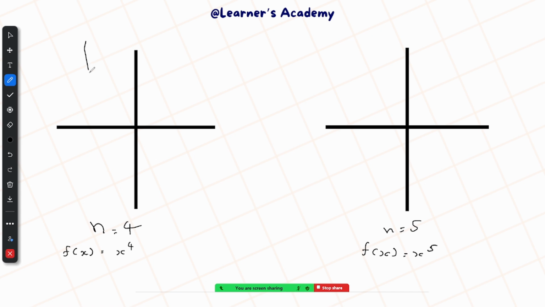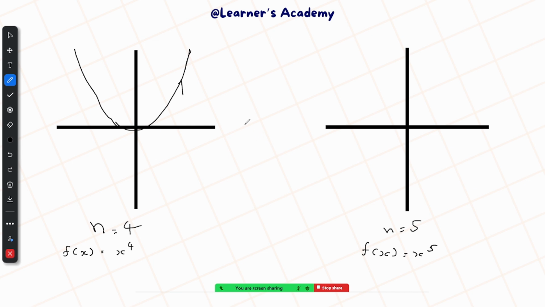Which means that it goes like a cup facing upwards again, but then we have this. It goes like a cup again, and then instead of having a sharp turn, we have a long, less sharp turn, and then it goes back up again. This is how the functions with n equals 4 generally look.